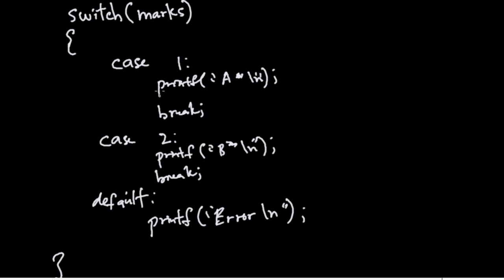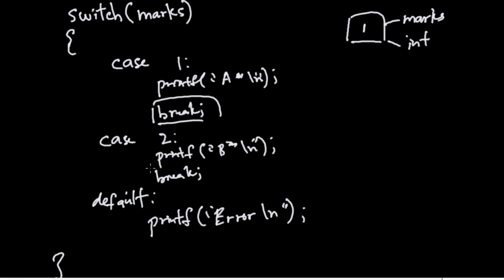Now why do we use a break? If we do not use a break, let's see, if the user enters marks as 1, this is marks, it's an integer type, and if the user enters 1, let's say break does not exist over here. Case 1 uses marks to compare with this over here.